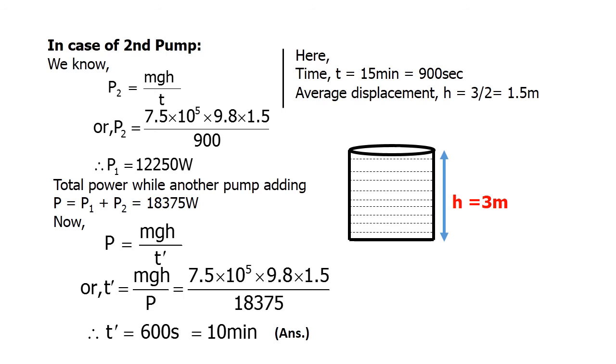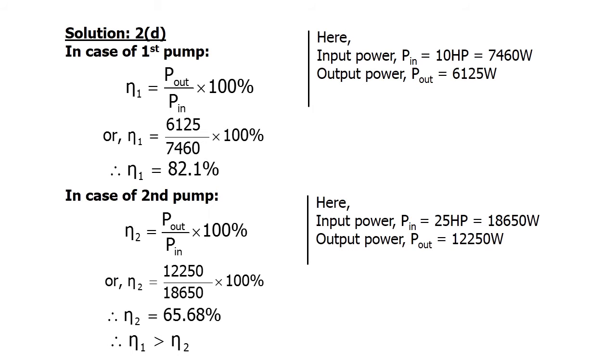To convert seconds to minutes, we have to divide by 60, then the result will be 10 minutes. So if the two pumps work together, it will take 10 minutes to empty the swimming pool.